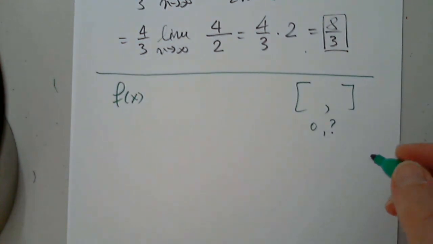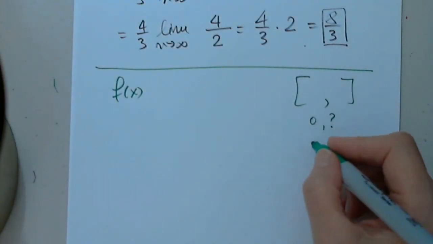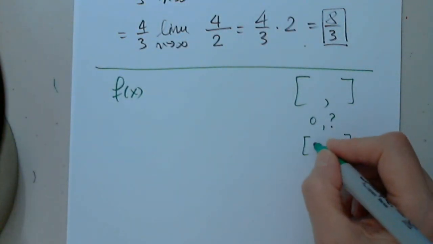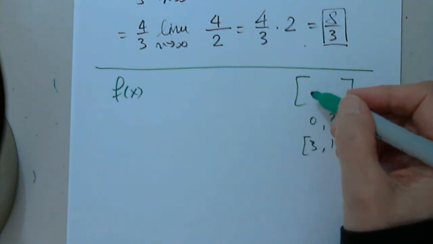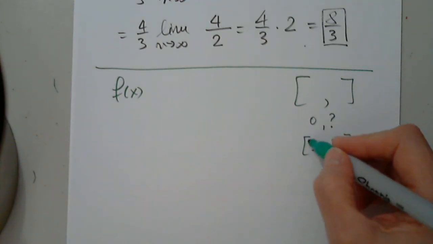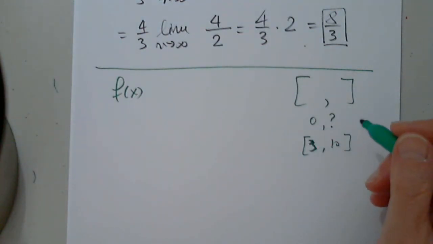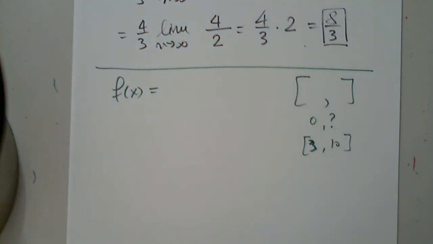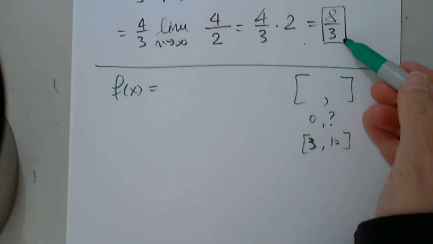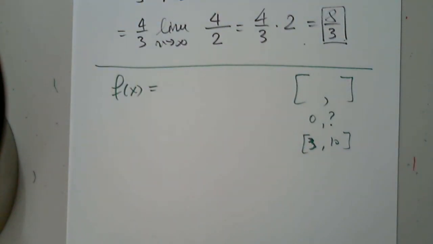But if you want us to work a little bit harder, use anything else, like, I don't know, 3 to 10. If the interval starts at 0, of course it's easier, but if you want to start with any other number, we can. So let's choose any function you want, but only quadratic or cubic, and let's illustrate step by step how we get the number. That is the exact area under the graph.